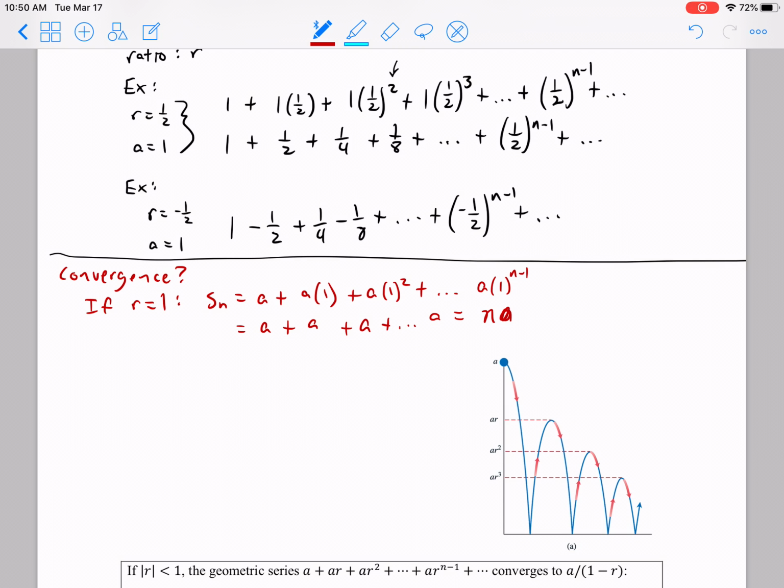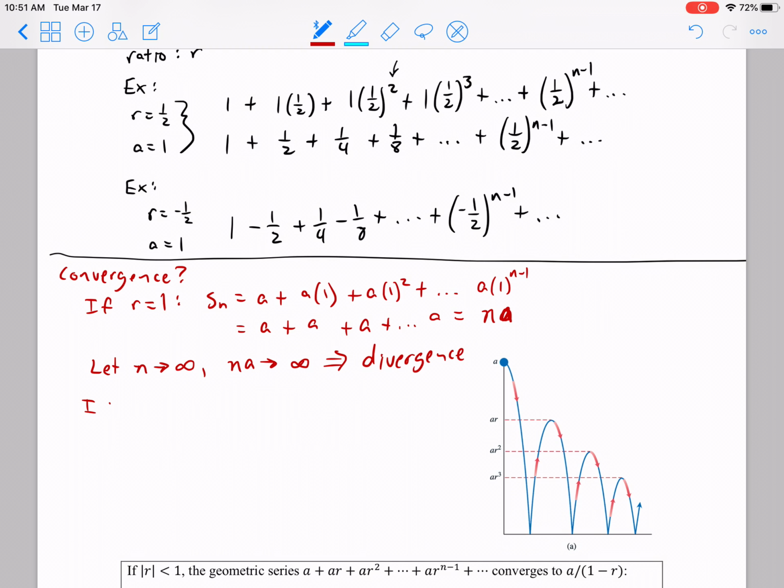So that's kind of a nice little situation. If r is 1, it's never going to affect it. It's just the summation of all your a's. And if we let n go to infinity there, then na goes to infinity, and we end up with a divergence here. It's just going to keep blowing up.